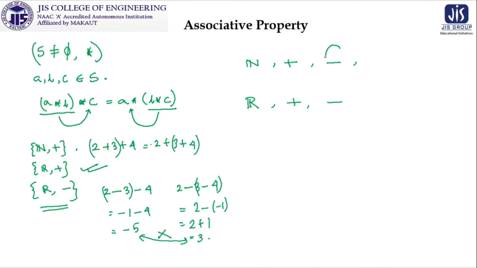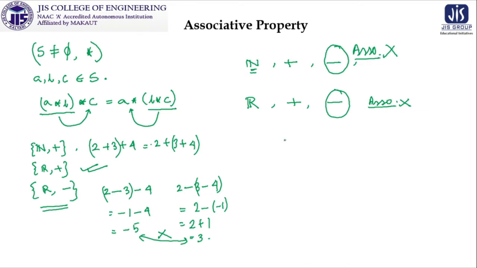So there is no question of checking whether it is associative or not. No question of checking. But as it is closed, we are checking for associativity, but we failed here. In case of the set of natural numbers along with subtraction, we are not checking that because it is not closed. So there is no need to check it. But in case of the set of real numbers with subtraction, it was closed. We are testing for associativity and we failed here.